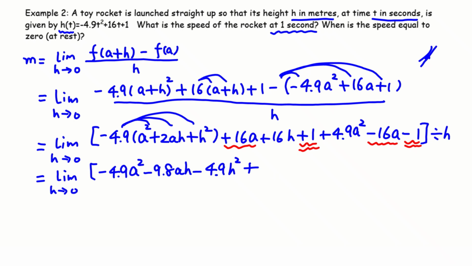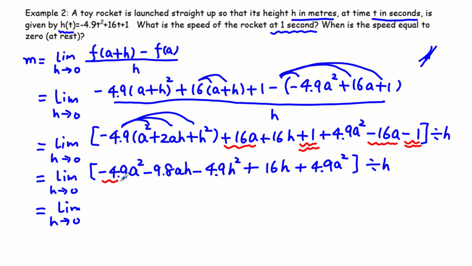So what we are going to have is 16h left, 4.9 a squared left, then divided by h. Then we don't have any bracket left. We are going to collect the like terms again.